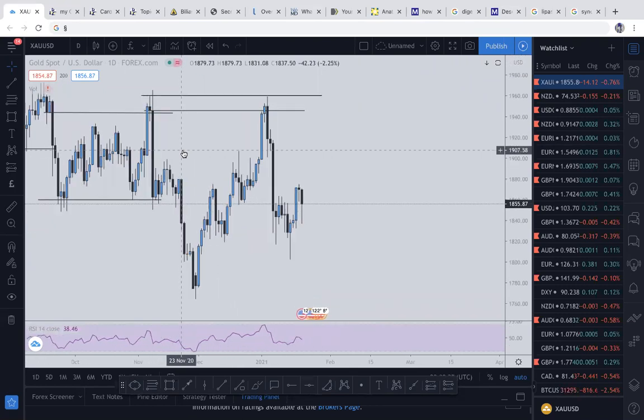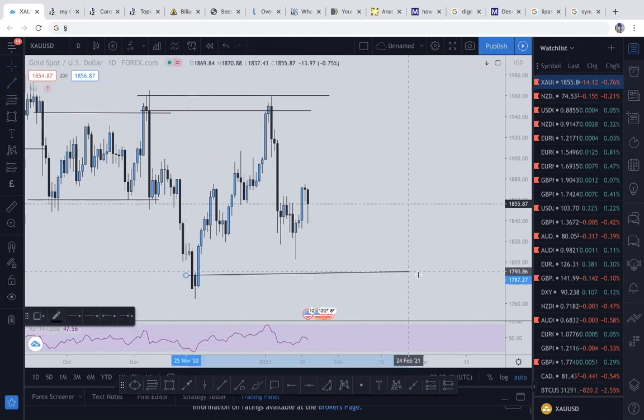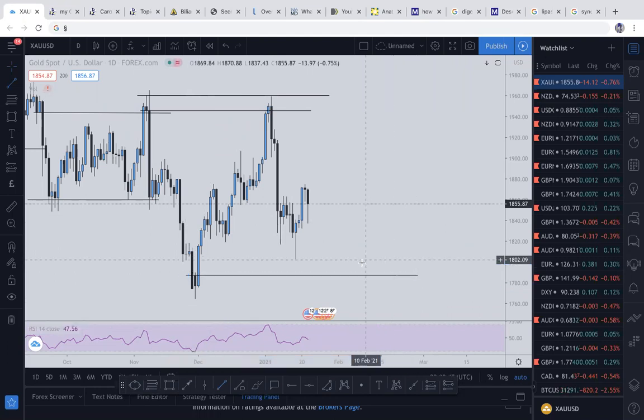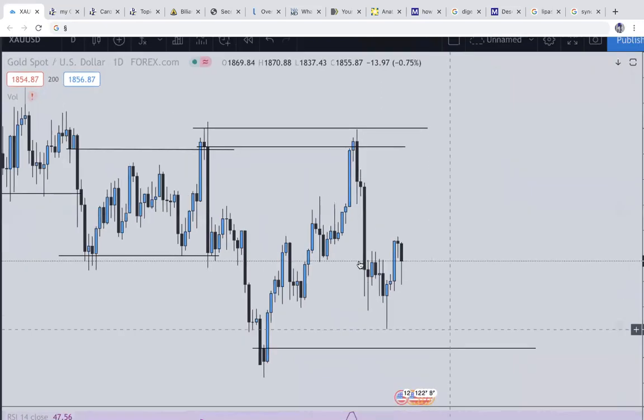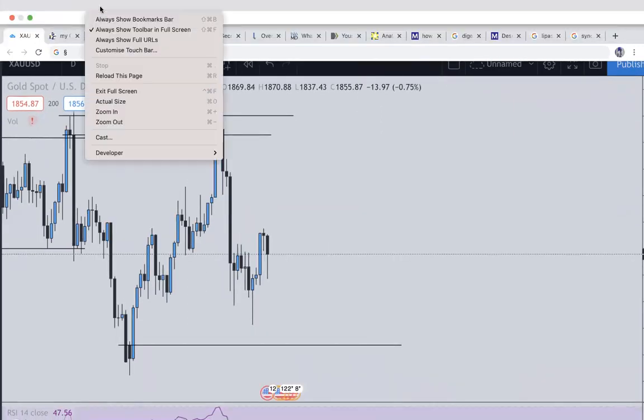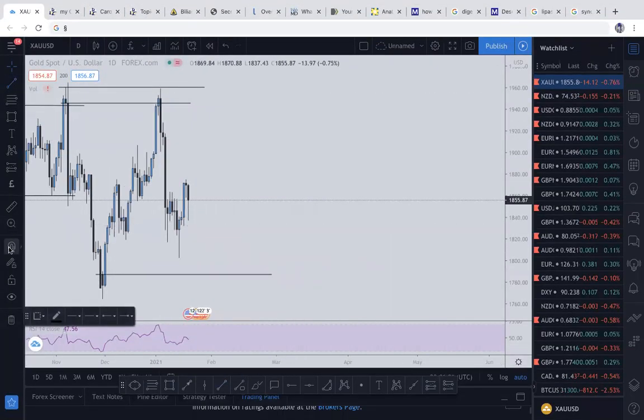Because as it stands, all I see over here is another demand zone sitting right here. So I see gold coming down here, and even this is a very risky trade. For me to take this trade, I want to be seeing this, and I gave you it. I want to be seeing these small moves.